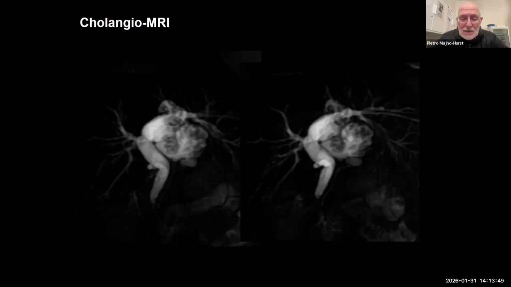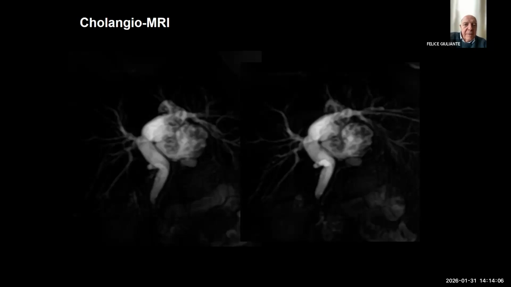For me, it's yes, anyway. But in this, Pietro, yes, I agree, I understand. But if you have mucus downstream, in the common bile duct distally, you should have dilated also the right portion of the biliary tree. Don't you think so?